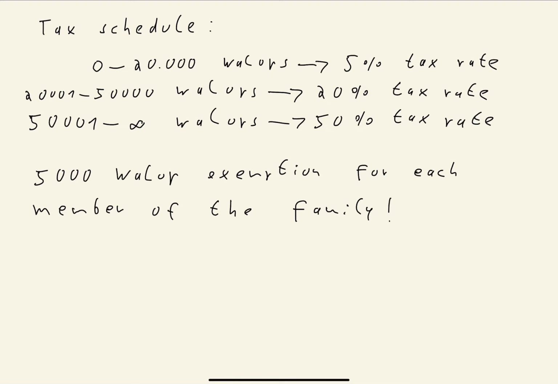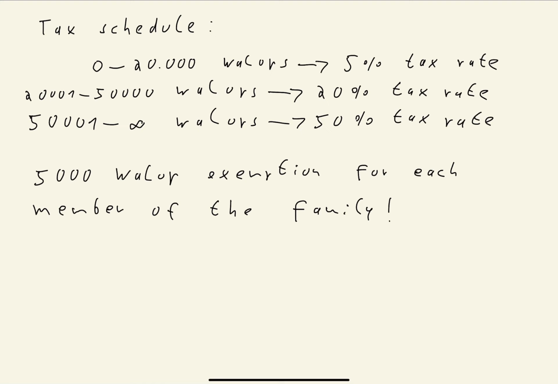Okay, so for instance, if there is a family which has 2 members and the total income of the family is 100,000, then the taxable income wouldn't be 100,000, but it would be 100,000 minus 2 times 5,000, because we have to consider the exemption. And this gives us then 90,000 valoops of taxable income. On this 90,000, we will apply the tax schedule and not on the 100,000 of income.